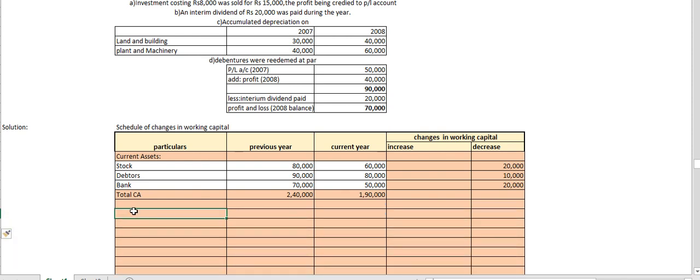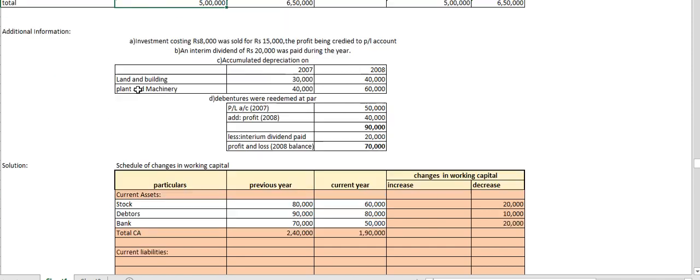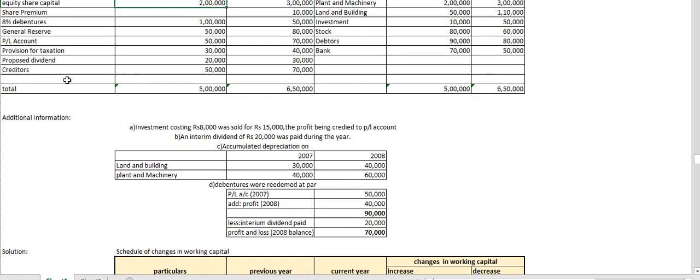Now we'll move ahead with the current liabilities. Under current liabilities, the current liabilities which we have in the question are provision for taxation, proposed dividend and creditors.